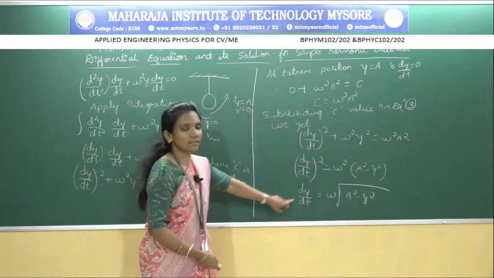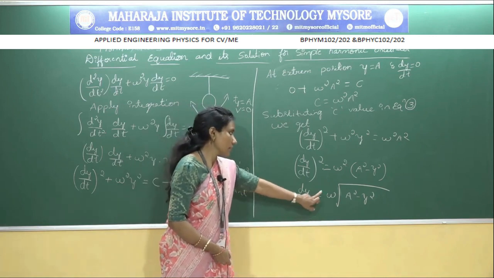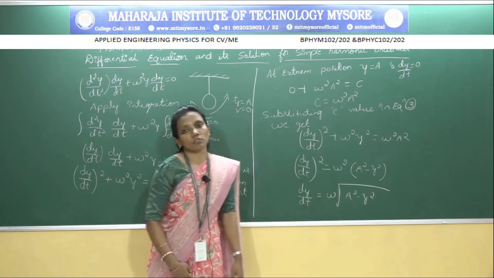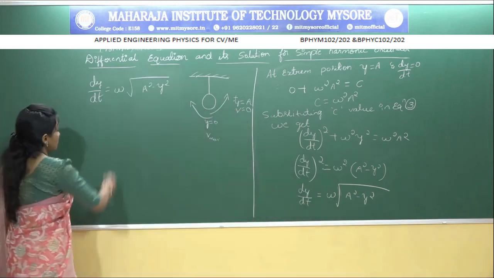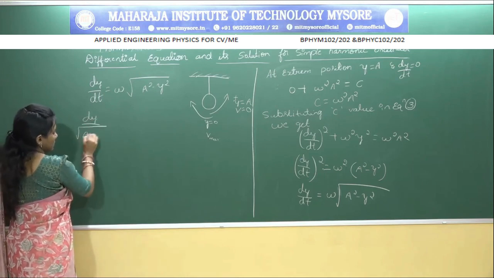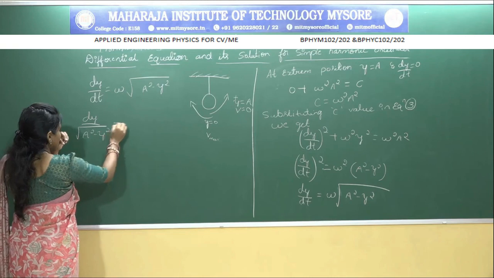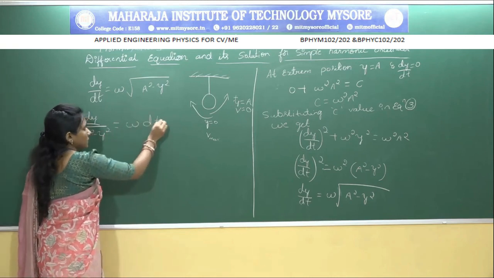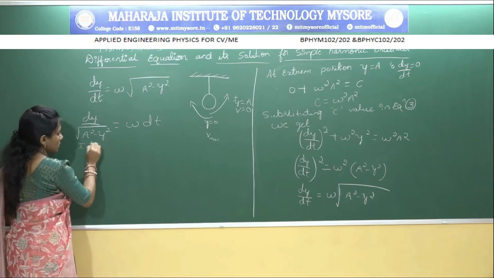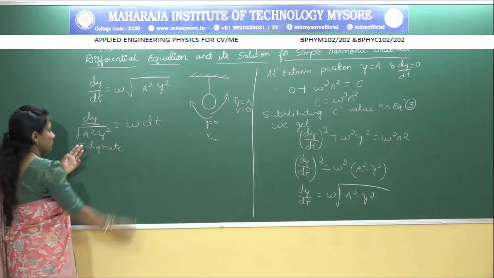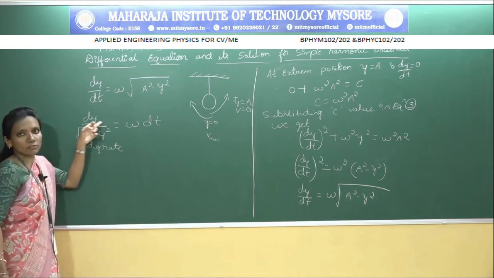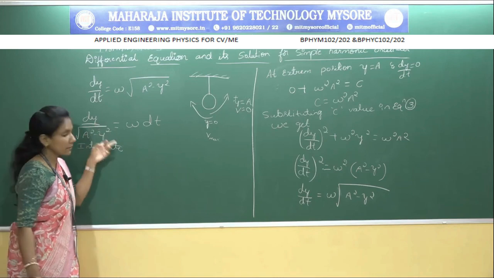Now separate the variables and apply the integration, so we will get the expression for the displacement equation. Separating the variables, dy by root of (a² minus y²) is equal to omega into dt. To get the y value, that is the displacement equation, we have to integrate.